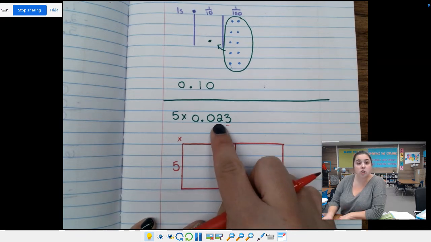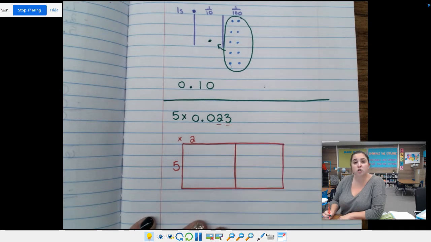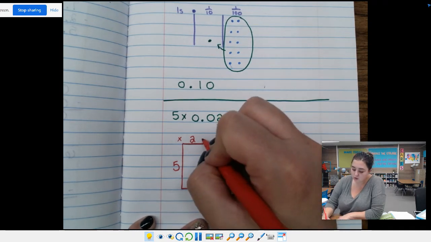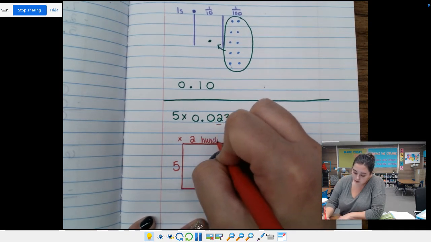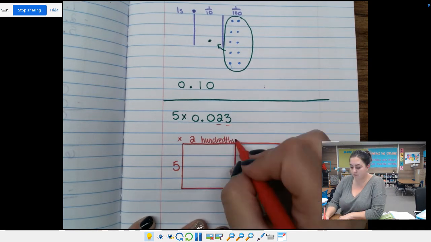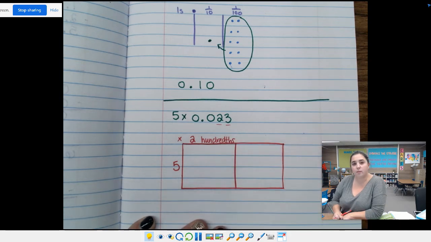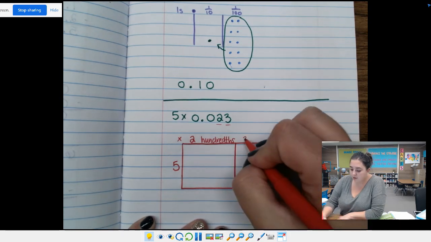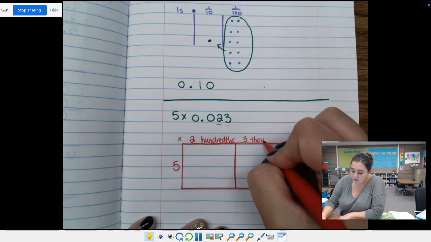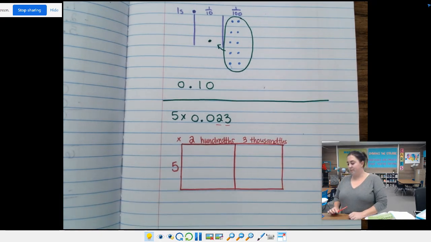My first digit's a 2, and it's in the hundredths. So I'm going to write 2 hundredths next to it. The second number I'm going to have to multiply by is that 3. And that 3 is in the thousandths. Pause now if you need to get caught up.